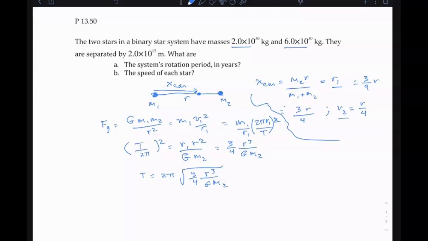Now, when we did this, we could have also solved for the period in terms of mass 2, because mass 2 feels the same force, F sub g, that mass 1 does. In other words, mass 2 times its velocity squared over r2 is also equal to Fg.